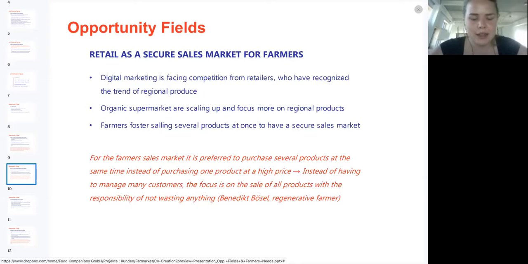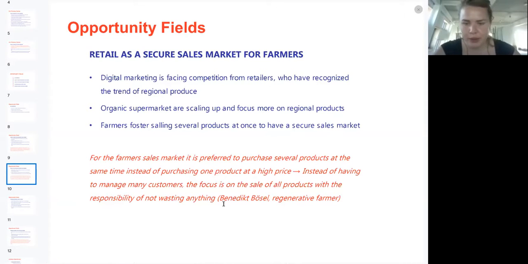And we could see that for certain farmers this is a very attractive way of selling their produce, because they can just sell their produce in bulk to a big buyer, and have to spend less time on handling different customers. And we can see this trend also, for example, in organic supermarkets, who are trying to, as much as they can, use regional produce in their range.